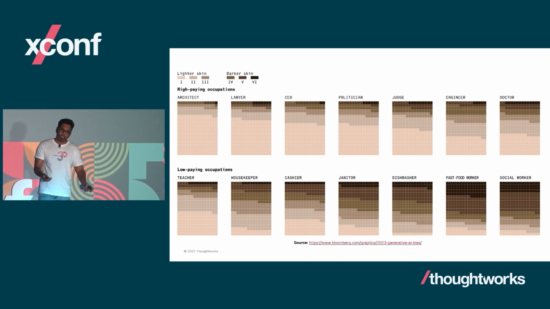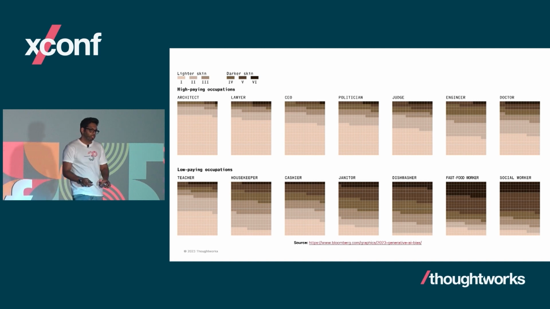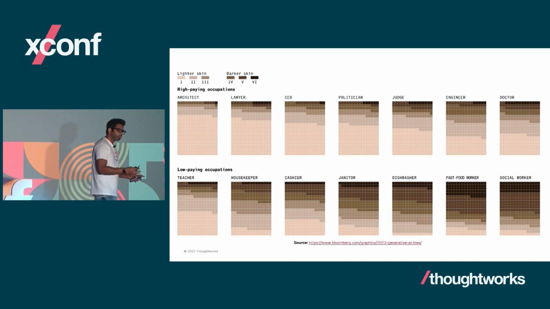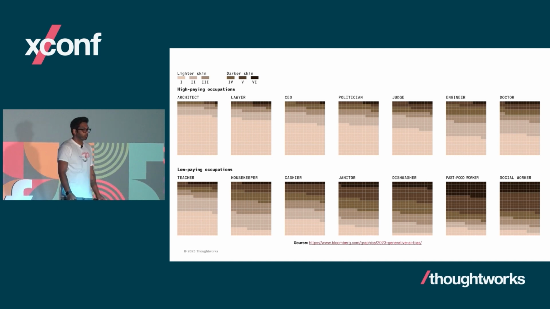Bloomberg asked the AI to generate about 14 occupations, each with roughly 300 images. The AI model produced roughly 5,000 to 6,000 images, and they started to study the output from these images.